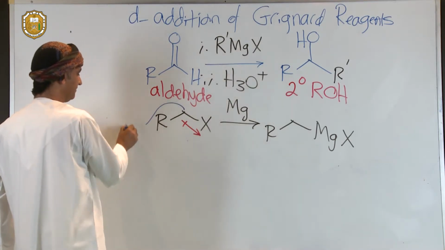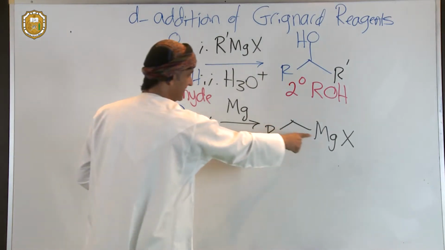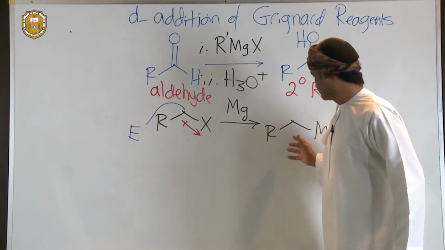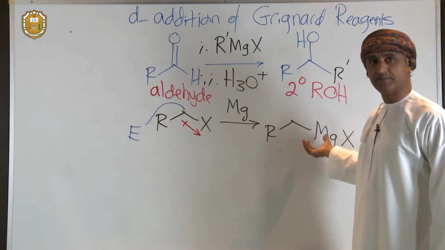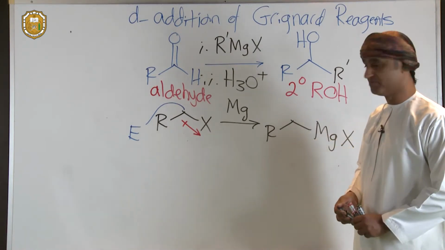So this carbon is electrophilic now. If you look at this C-MgX, well, the scenario is actually different. That's because magnesium is a metal, an element in group 2A. It's an alkaline earth metal.